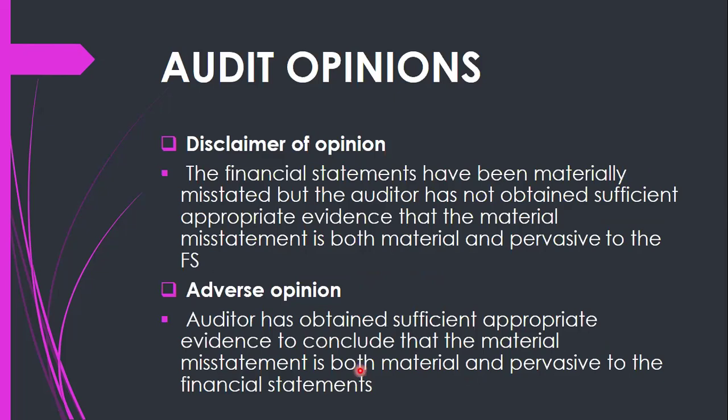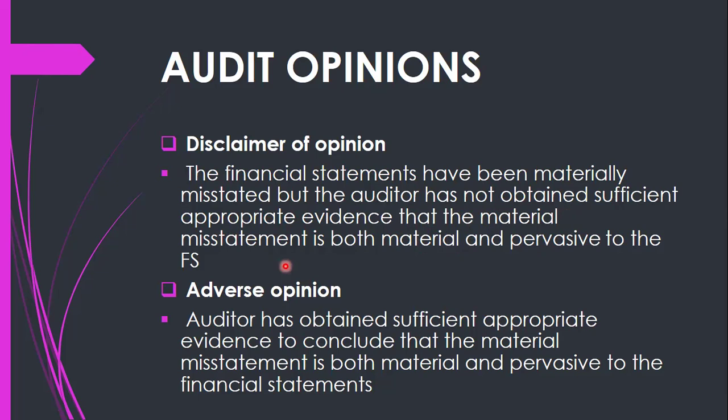Then there's also what we call the disclaimer of opinion. A disclaimer of opinion, as I already explained, is expressed when the auditor has not obtained sufficient appropriate evidence to conclude whether the financial statements are materially misstated and whether that misstatement is both material and pervasive. So, due to one reason or the other, the auditor has had a scope limitation, right?